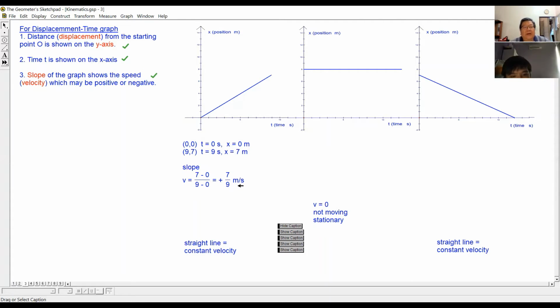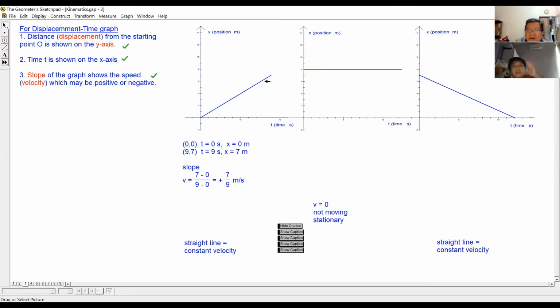Now I want to ask you, the velocity, is it constant or is it changing all the time? This is a straight line. The position is increasing.